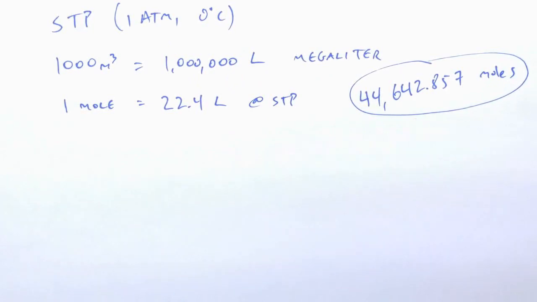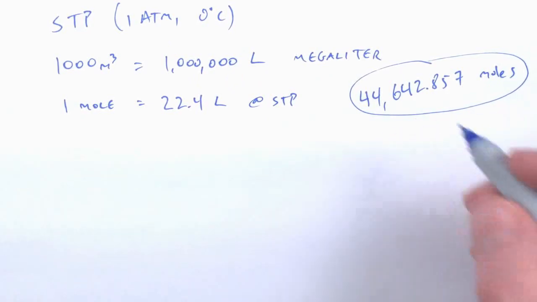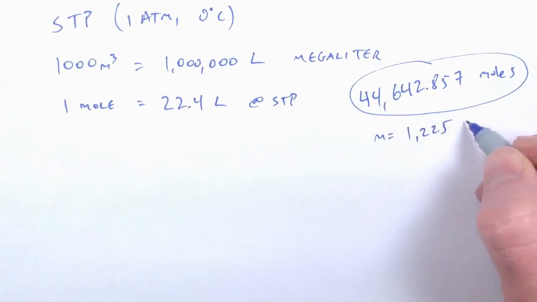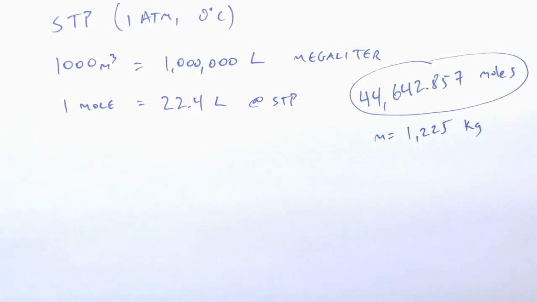So we can actually use this and the mass to find what's called the molar mass of air. So take a second, pause the video to do this work. Could you just find the mass per mole of air? What's the mass of 1 mole of air? Pause the video, work that out, and then resume it after you've got it.